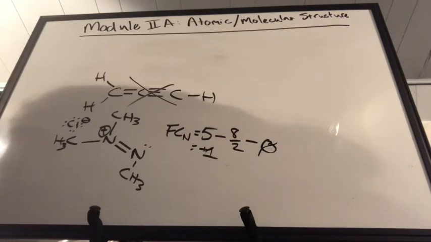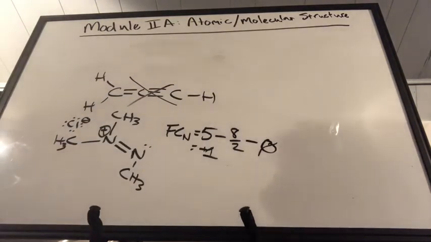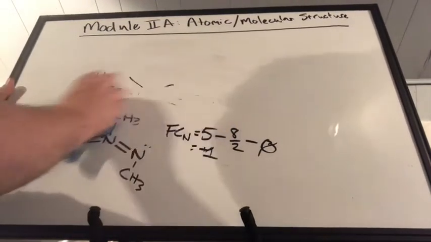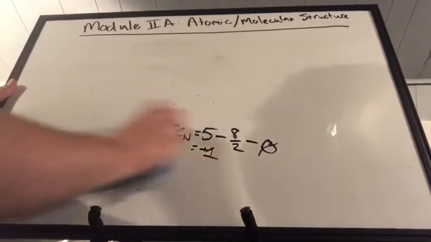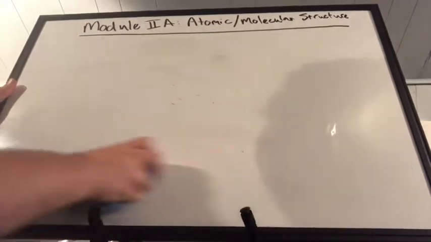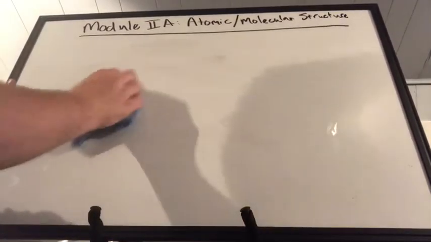Okay, so now that we have sort of electronegativity back in our brains here, let's think about polarity. Okay, so this is something we're also going to revisit in chapters 2 and onward.